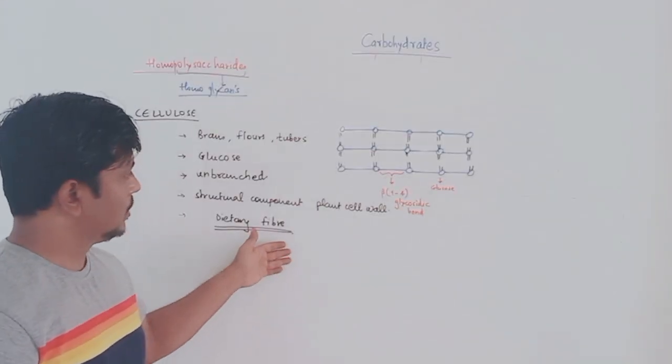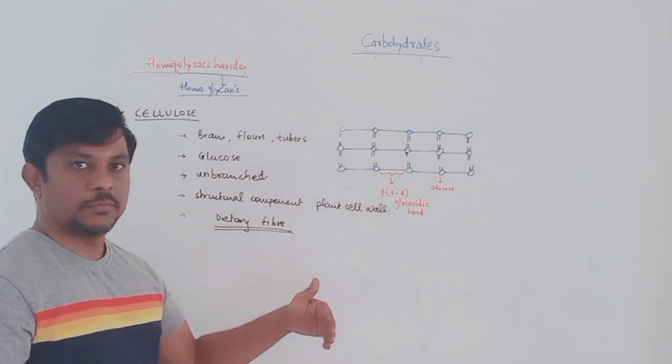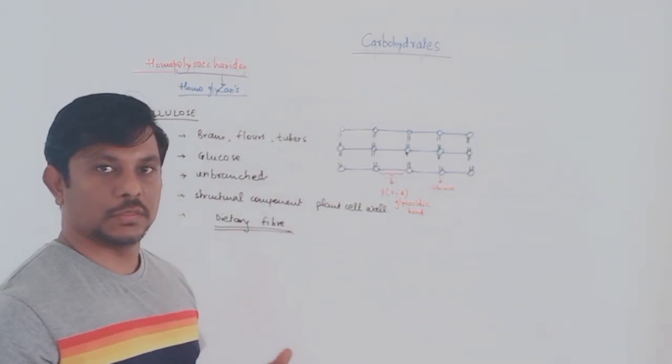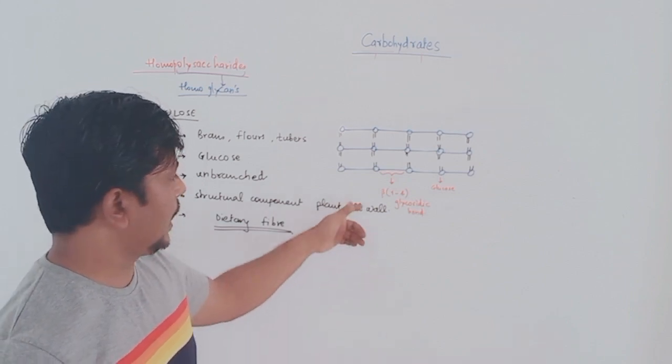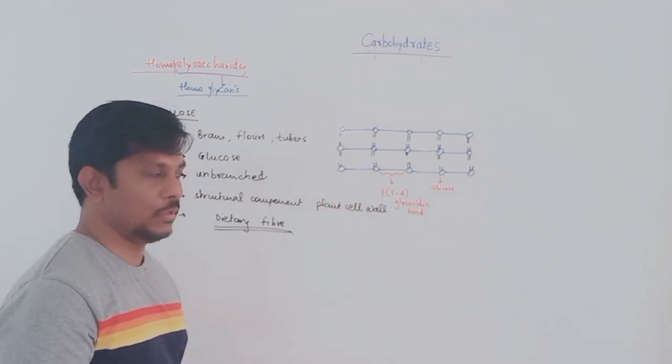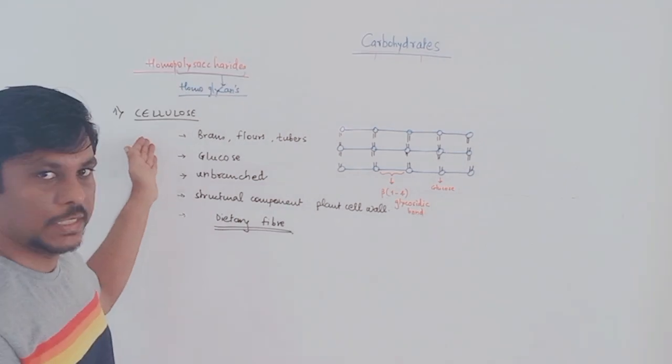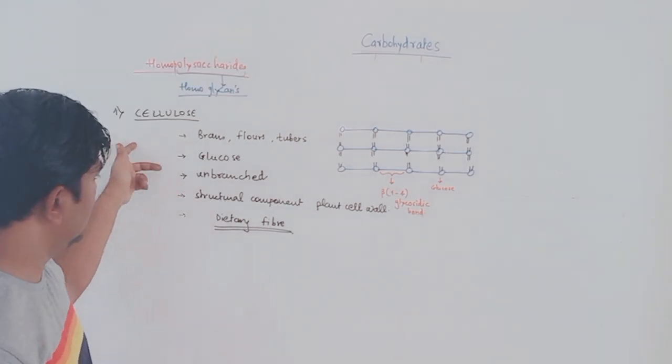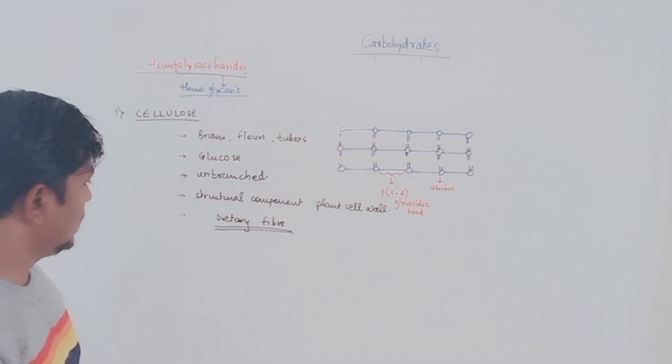Why? Because our GI system doesn't have any enzyme which can break beta 1,4 glycosidic bond. That's why it cannot be digested in the GI tract, and that's why it is considered a dietary fiber.